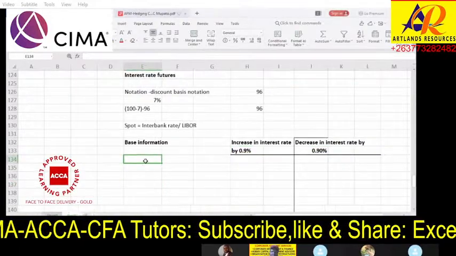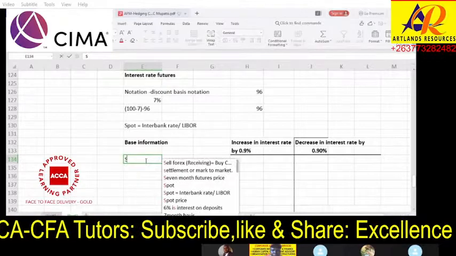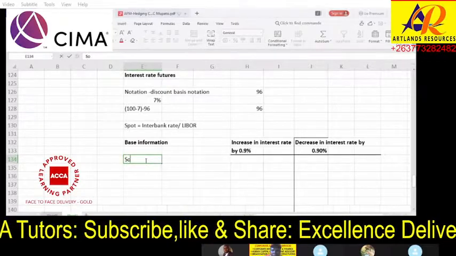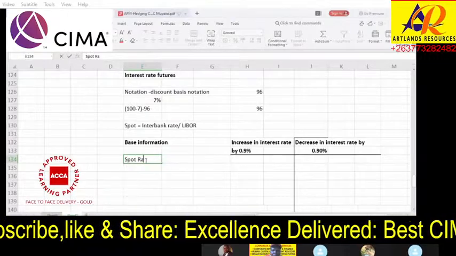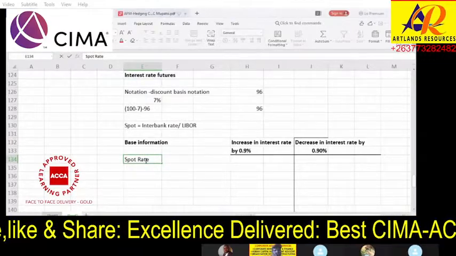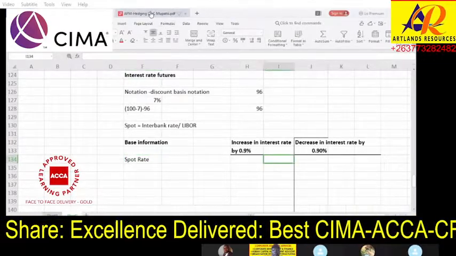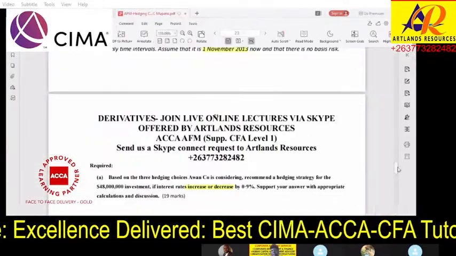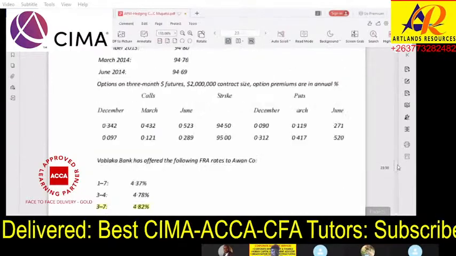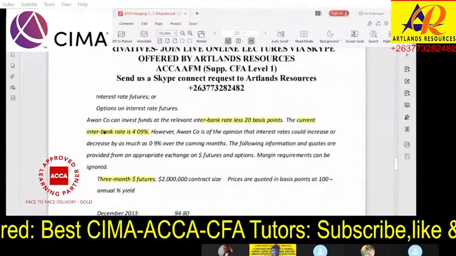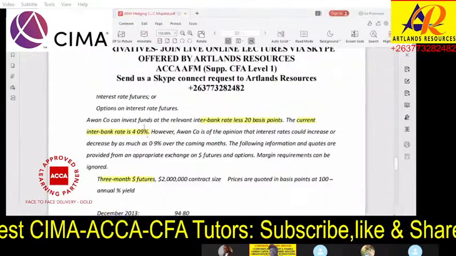So we have got the spot rate. They are telling you that the current interbank rate is 4.09%.